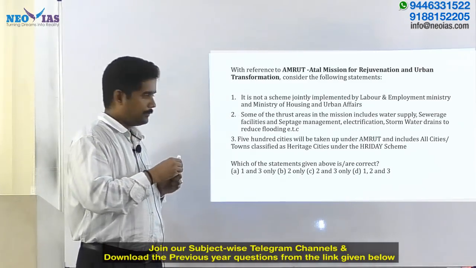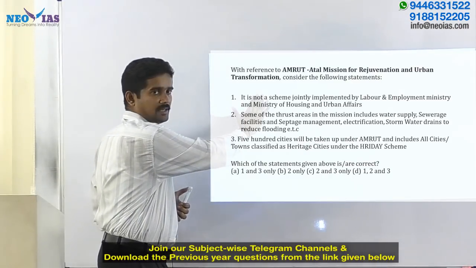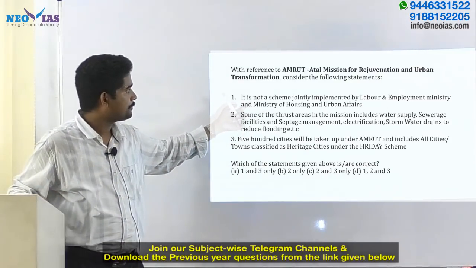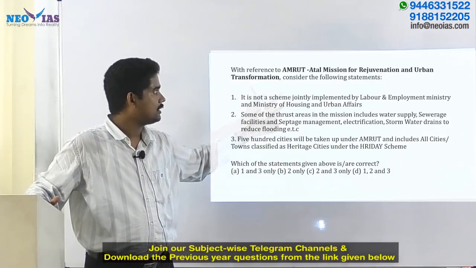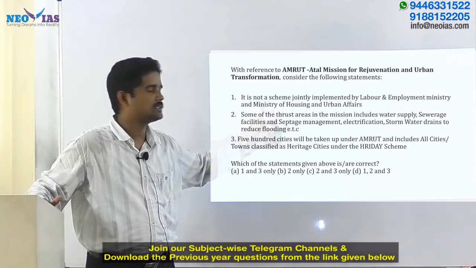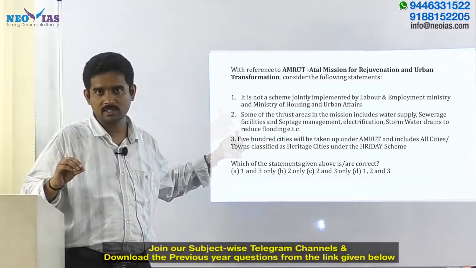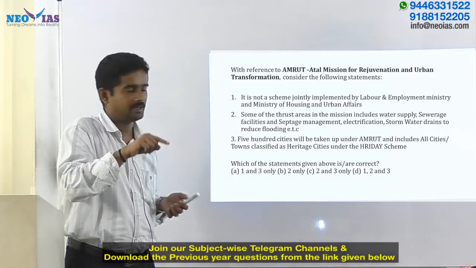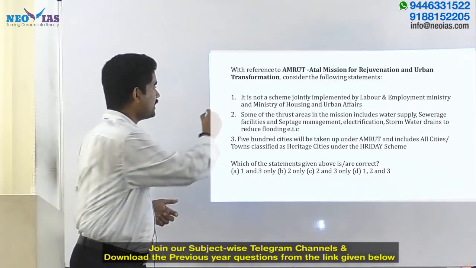Now, because of the presence of this "not", suppose the statement were: it is a scheme jointly implemented by the Labour Ministry and the Ministry of Housing and Urban Affairs. Is that right? That is wrong. But since the "not" is there, which makes it a negative statement, the statement is by default becoming correct.